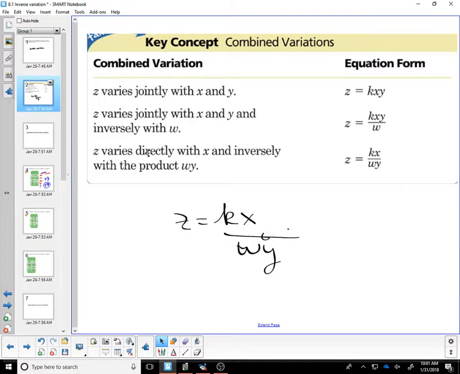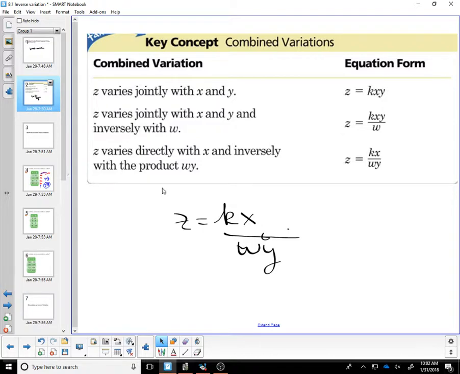In this case, Z, whatever that was, maybe zebras. That's the only one I remember from my alphabet songs. Maybe the number of zebras varies directly with the xylophones and the yaks. Okay, so these were just examples of what varies with what. This does not make anything law. These are just examples.